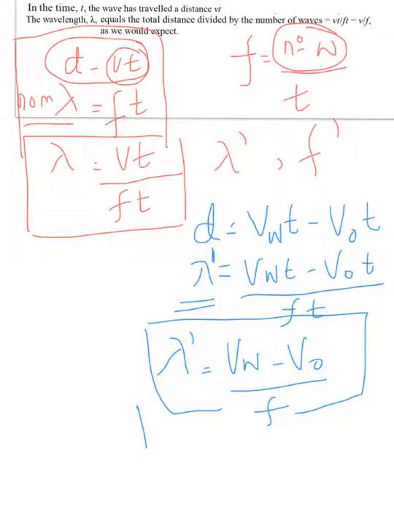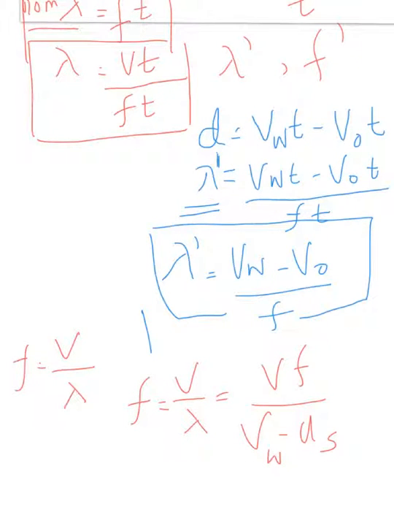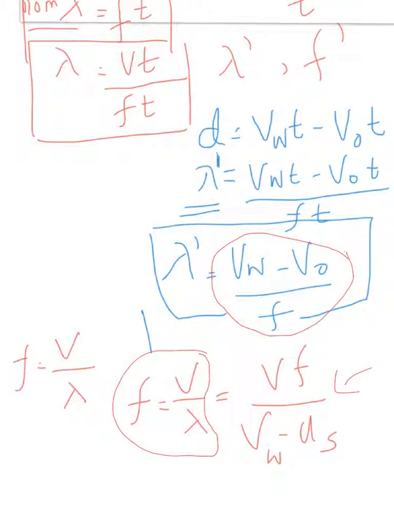We now need to come up with an expression for frequency. But remember, frequency is velocity, wave velocity, over lambda. So now our observed frequency: if frequency is velocity over wavelength, then we just have to divide the wave speed over all of this, which flips it round and gives us our relationship here, which, if we take the frequency out of the brackets, will give us the formula in the data booklet.